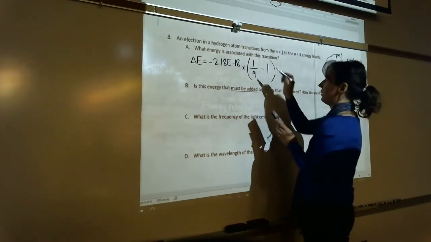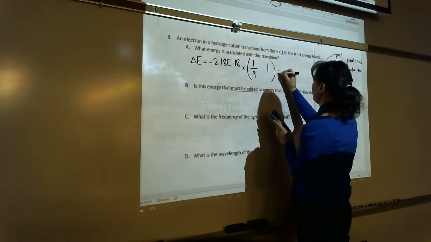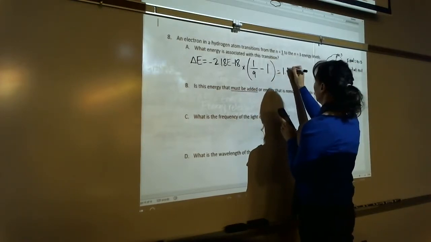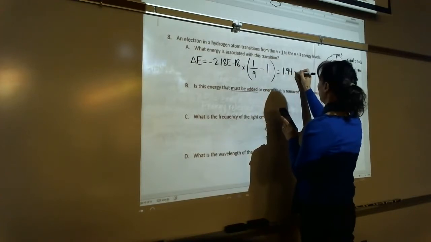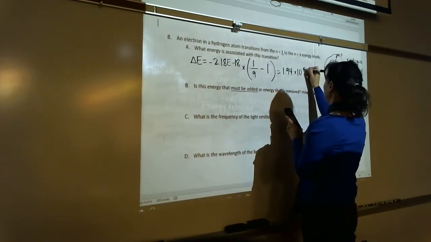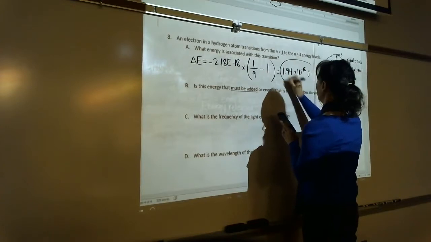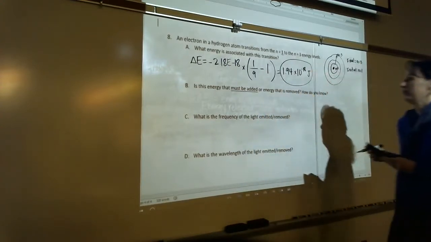A negative of a negative gives me a positive number. 1.94 times 10 to the negative 18th joules is what I got. Do we agree? Yes, correct.